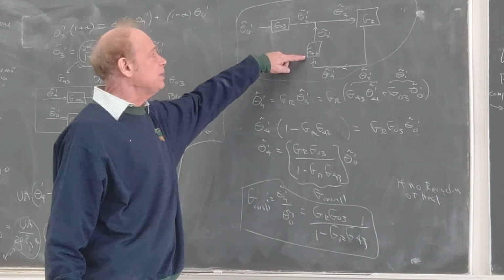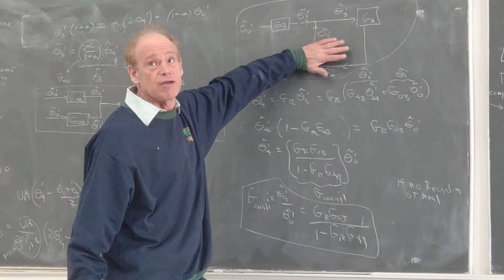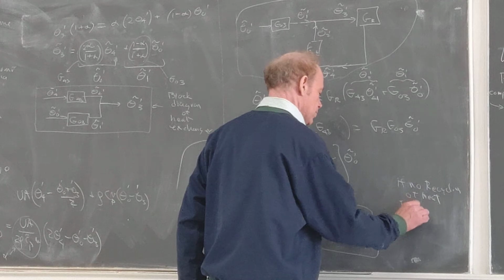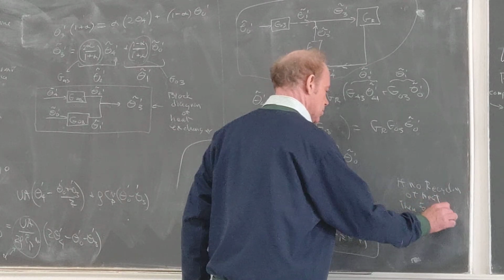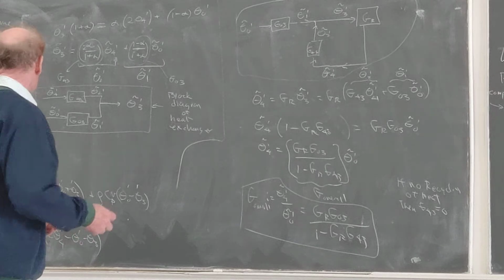well, basically that would mean that G43 I set equal to 0. If I set G43 to 0, I get rid of the recycle. And if G43 is 0, then alpha becomes 0.